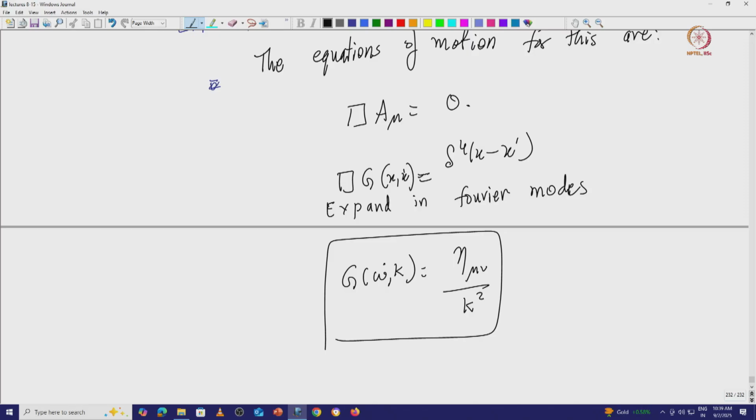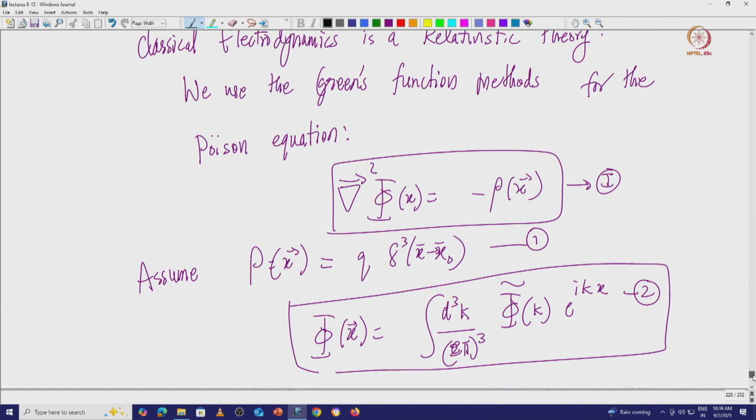It is exactly like solving that. So this is nothing but your photon propagator.